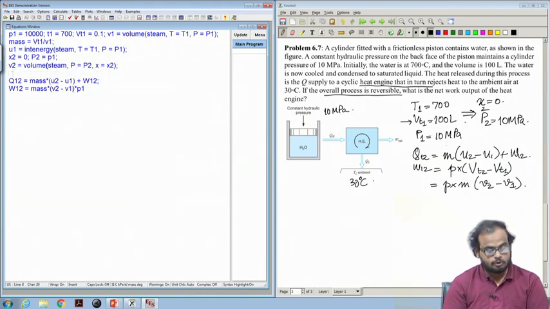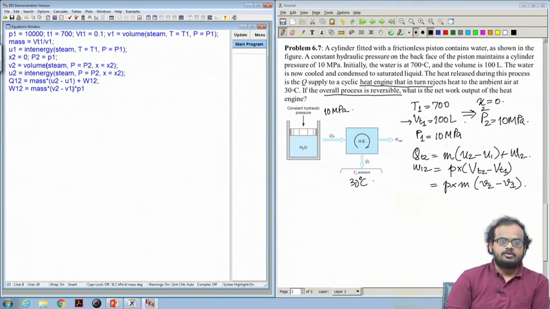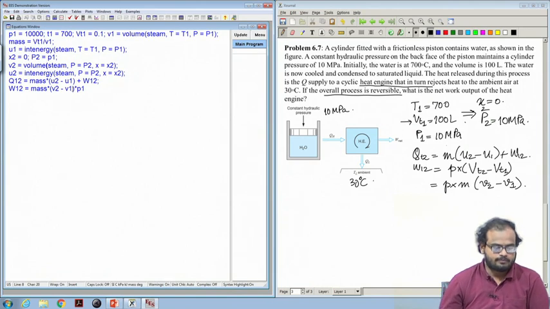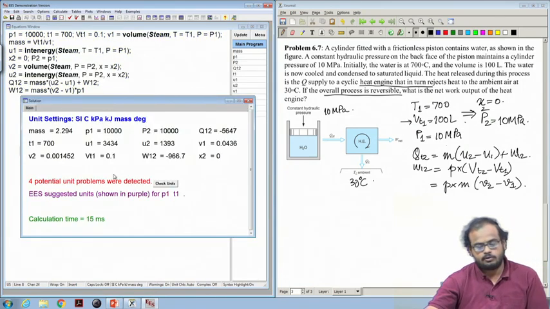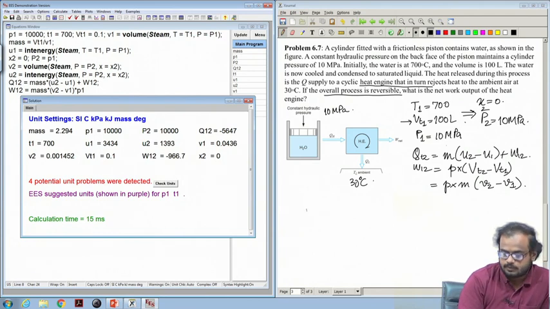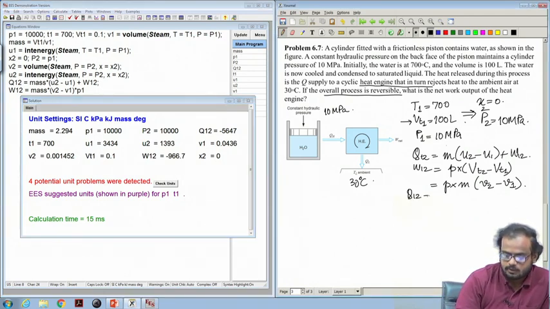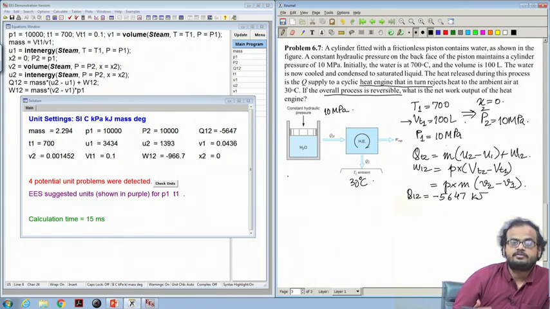Similarly we have U2 equal to int energy, steam, P equal to P2 and X equal to X2, which is basically the internal energy of the fluid. It's completely saturated liquid. So with this we have Q12 equal to minus 5647 kilojoule.